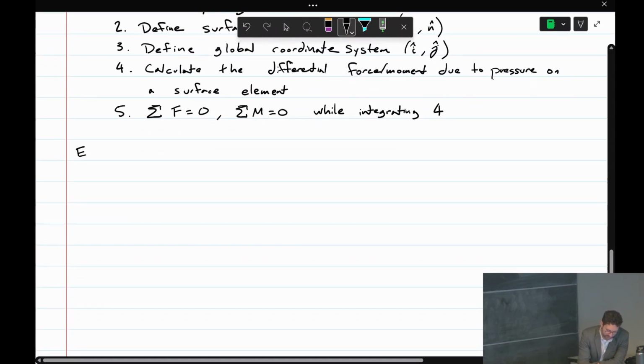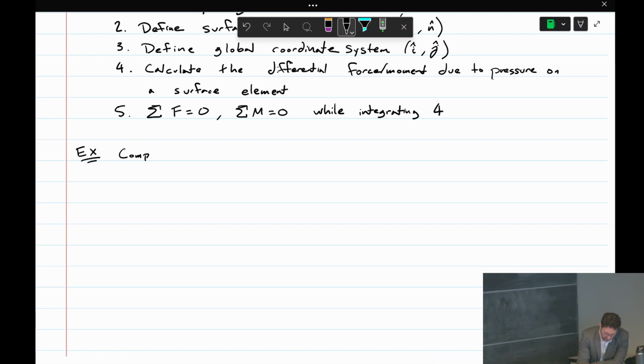Okay, so example here. Compute the force P required to keep the gate closed.